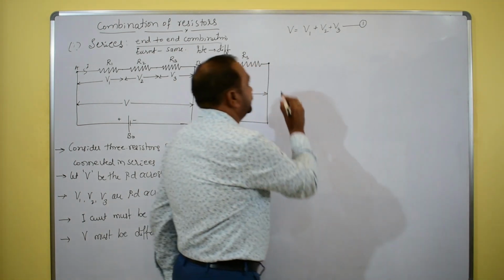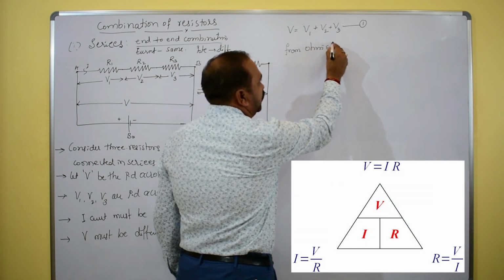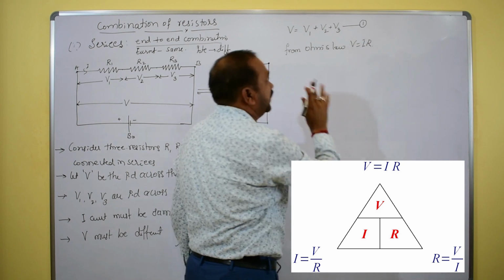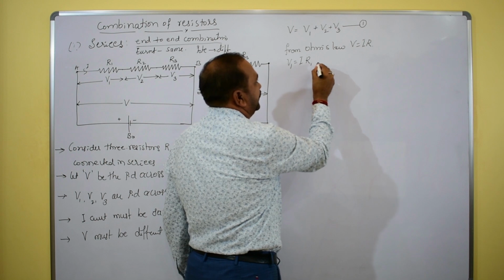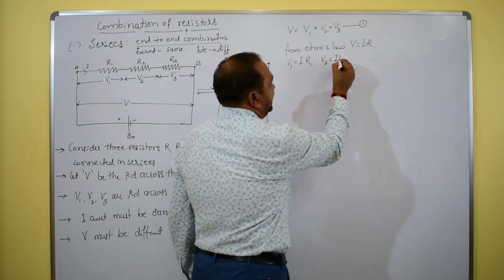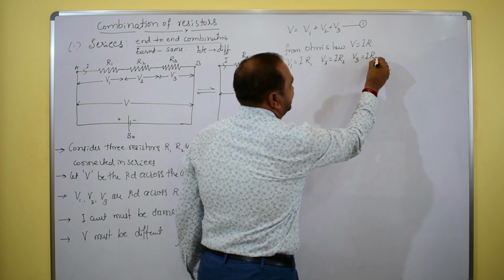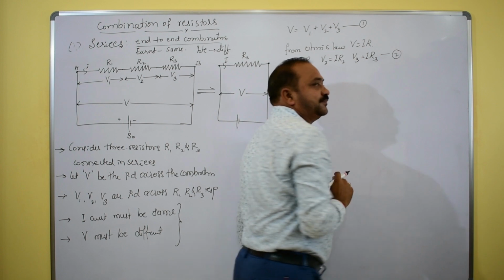But we know Ohm's law: V equal to I into R. From this, V1 equal to I into R1, V2 equal to I into R2, V3 equal to I into R3. This is equation number 2.